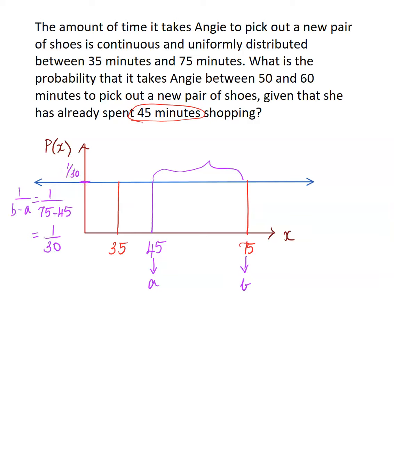Okay, and then let's go to the actual probability that it takes Angie between 50 and 60 minutes. So 50 and 60 here, and that would be my shaded region.